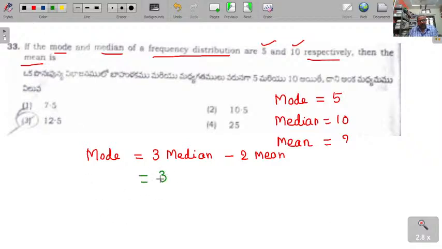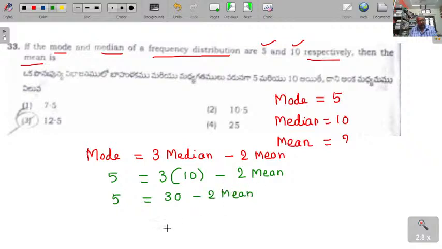Median is 10, so 3 times median is 30, minus 2 times mean, which we do not know, whereas mode is equal to 5. So it's an equation we need to solve. Transposing 2 mean to this side, 5 is equal to 3 into 10, 30, minus 2 mean.